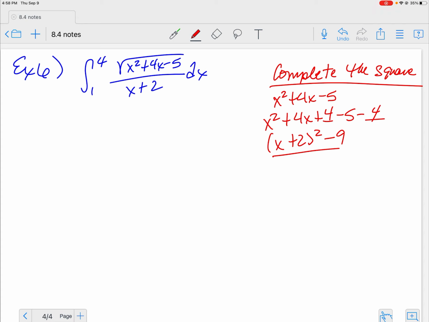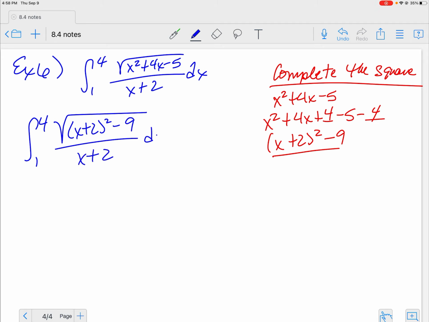All right. Put it in there then. Under the radical is x plus 2 squared minus 9 over this x plus 2. Now you see the pattern, right? Okay, so with our pattern, I know that this x value here is going to be x plus 2, and my a is a 3.